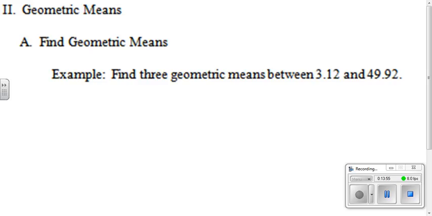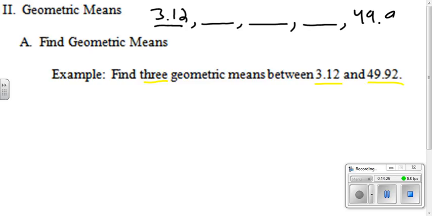Our last concept for geometric sequences is finding our geometric means. Just like arithmetic sequences had arithmetic means, which were the terms in between, our geometric sequences have means as well. So if we want to find 3 geometric means between 3.12 and 49.92, we would say that we have 3.12 as one piece, 1, 2, 3 missing pieces, and 49.92.